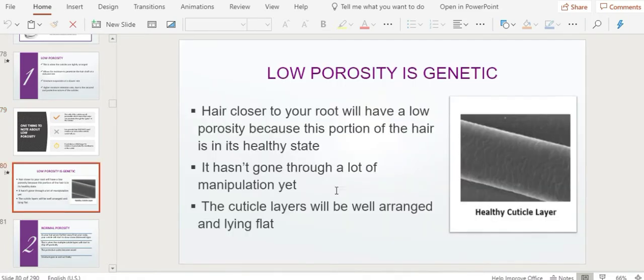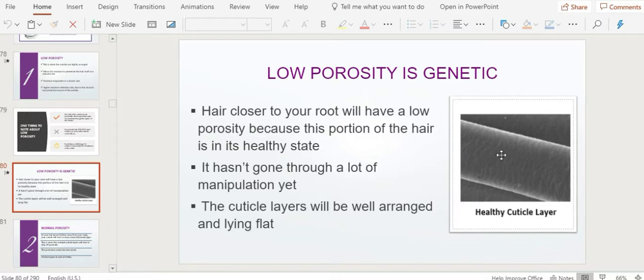Also, low porosity is genetic. It's something that you were born with, and the reason is the hair closer to your roots. Remember, in the last lesson I talked about the fact that when your hair grows from your roots, it is baby hair. It has everything in place. It is the healthiest hair you can ever have, so porosity will be low because the cuticles are nicely arranged.